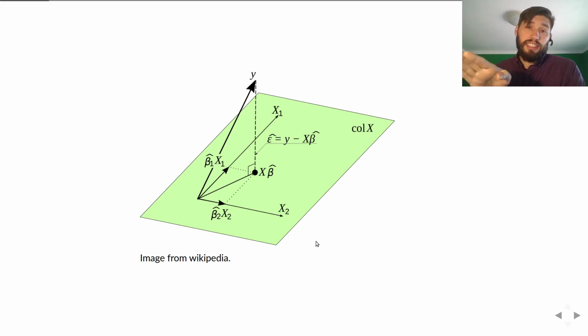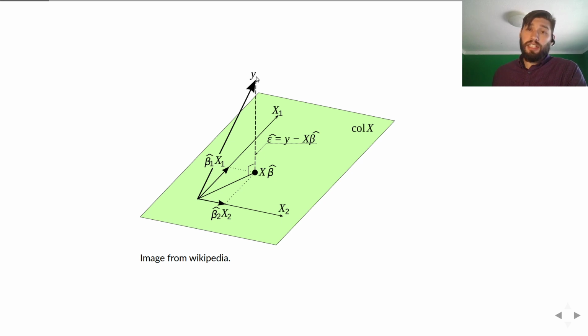The column space of X is some lower dimensional space, at most p-dimensional in n dimensions. If p is smaller than n, you're probably going to have that y doesn't lie exactly within this space, especially if you have some noise.